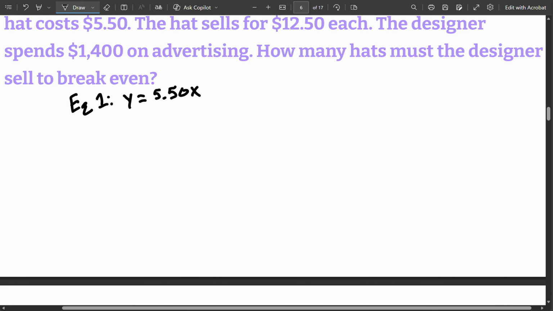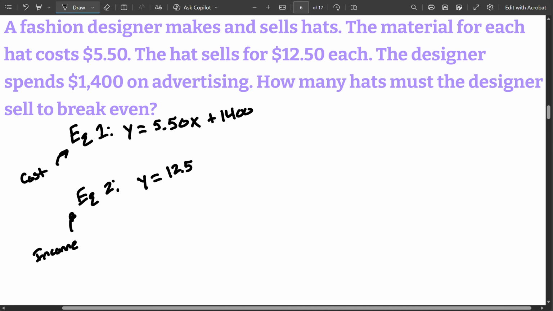So we're going to say x is our number of hats, plus the $1,400 spent on advertising. So equation 1, this is our cost. In equation 2, this will be our income, the amount of money we're making. And that will be equal to $12.50 per hat, when we sell it for $12.50, so 12.5x.